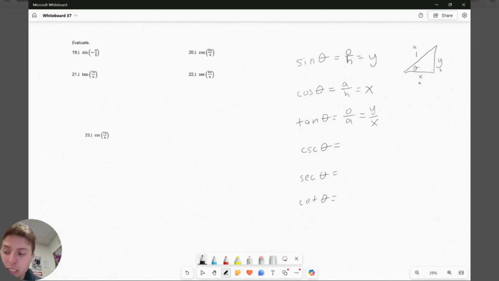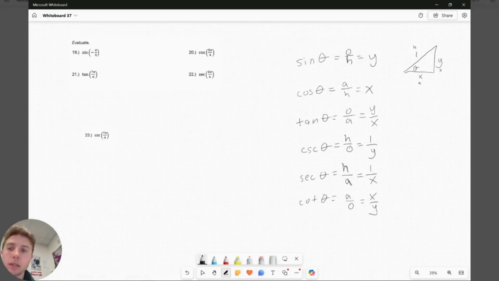Cosecant is the reciprocal of sine, meaning it is h over o, or 1 over y. Secant is just the reciprocal of cosine. So again, we could just flip the fraction for that one. That would give us our 1 over x. Cotangent is the reciprocal of tangent, which would be a over o, or x over y.